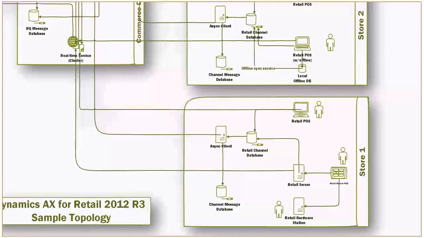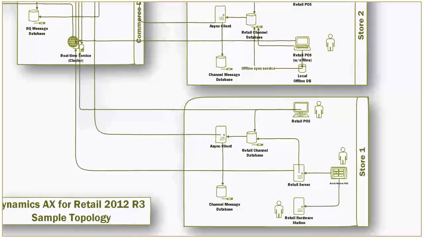So it will ask you many similar configuration values, such as your website name, web application name, application pool name, and so forth, that it needs to deploy retail server to an IIS web application. The second set of information that it will ask you would be to specify the database server and instance on which the channel database resides, along with the name of the channel database. So it's completely plausible that in a given store, you could have your retail POS as well as your retail server both connecting to the same retail channel database.